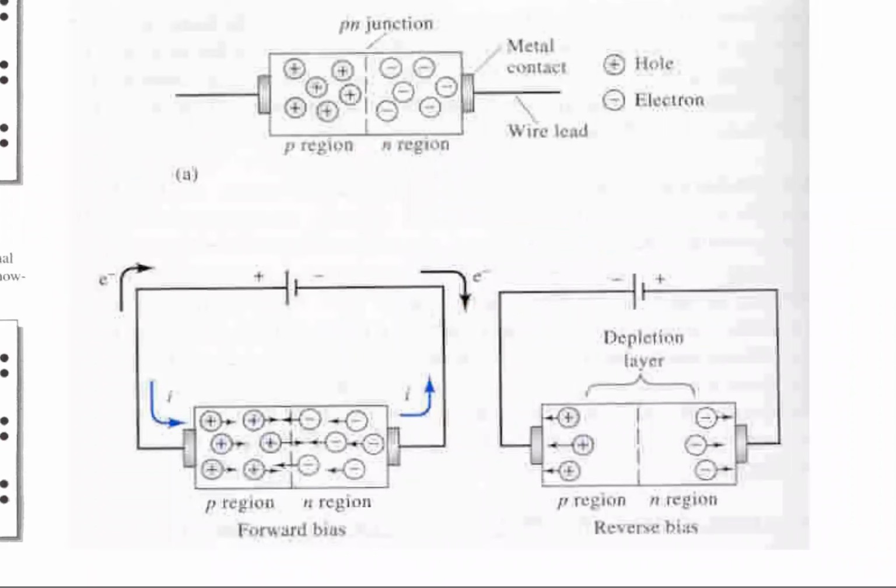What happens is right there at the P-N junction, a depletion layer can form. And it turns out we can either make that bigger or smaller. More about that, but just naturally, this depletion layer will form.